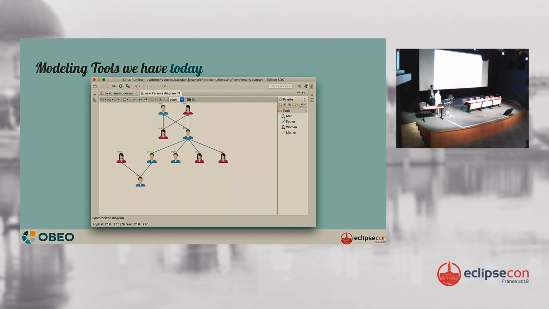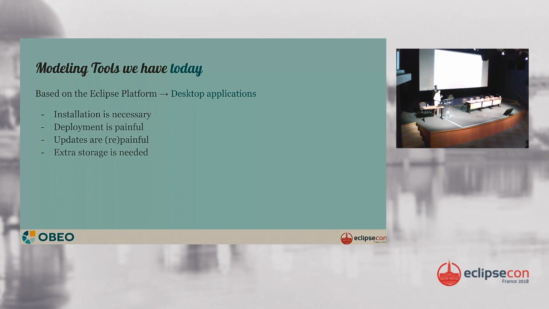So, modeling tools we have today, based on Sirius, look like this. You have a graphical editor with a palette to manage elements, and we can also have a fully customizable property sheet for fine-grained edition of individual properties. Today, Sirius is based on the Eclipse platform. Consequently, the graphical modelers are desktop applications.